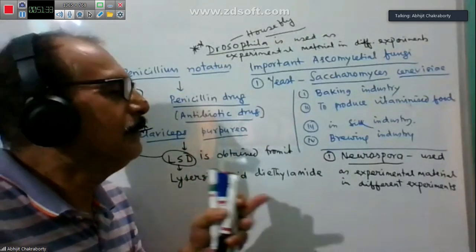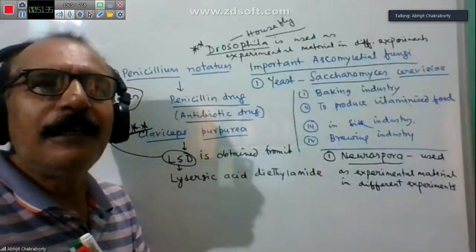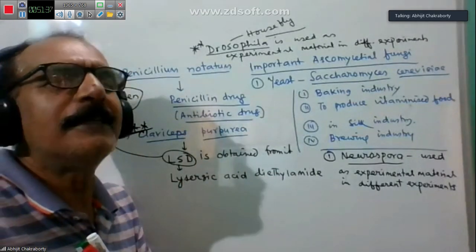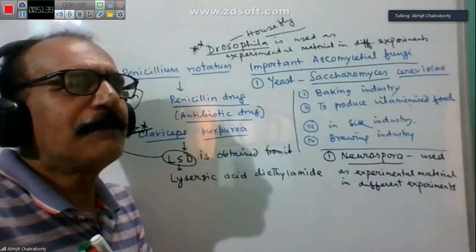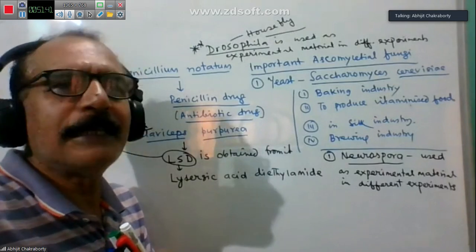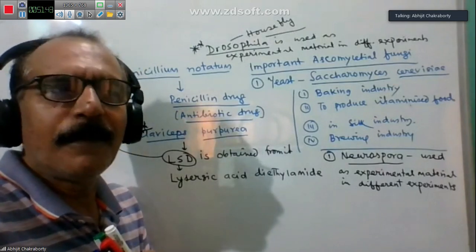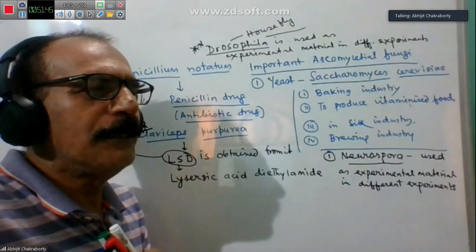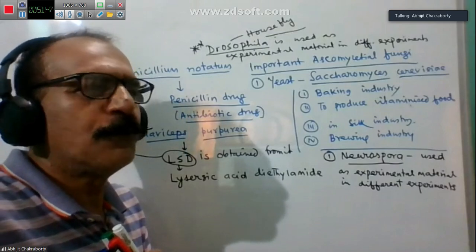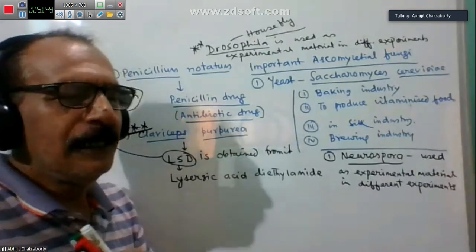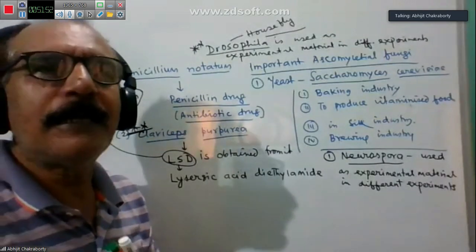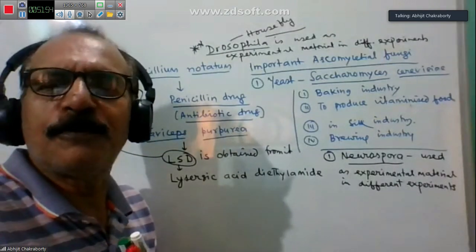Similarly, the Neurospora fungus behaves like Drosophila and acts as experimental material in different genetic experiments. Beadle and Tatum, these two scientists proposed the one gene, one enzyme hypothesis. And they performed their experiment by taking Neurospora fungus.